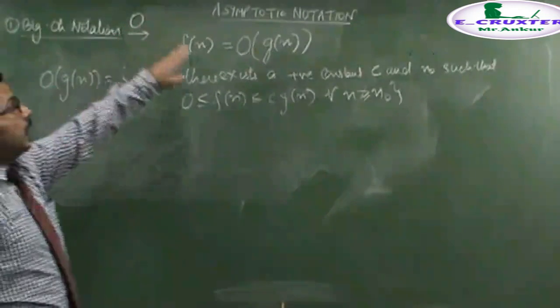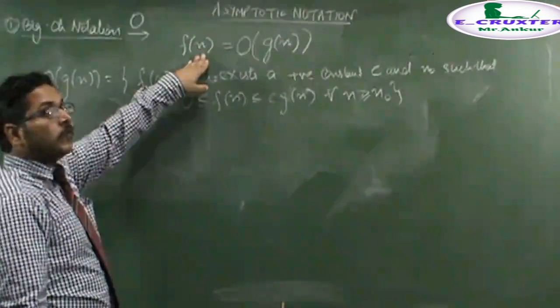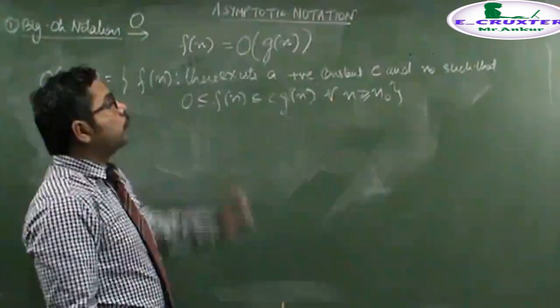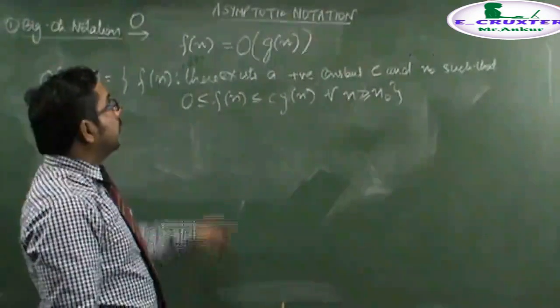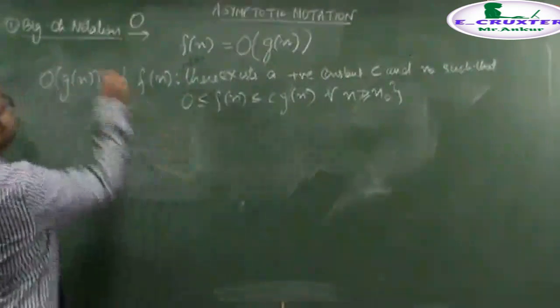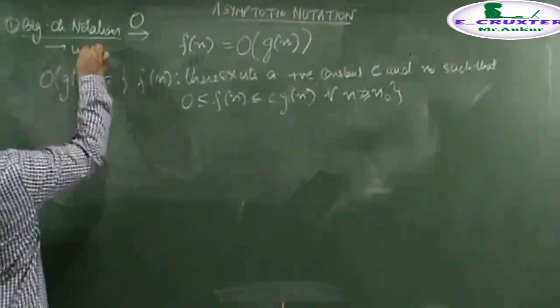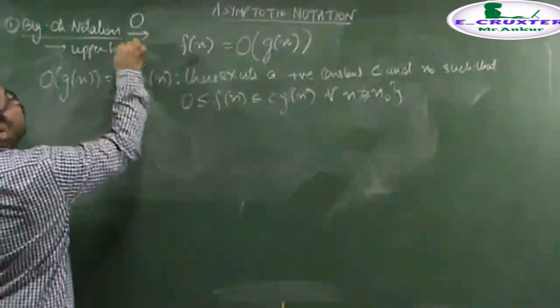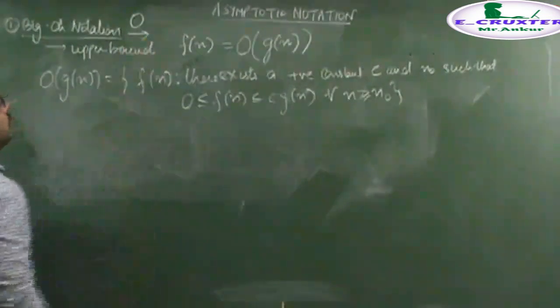We simply say that if f(n) is an asymptotically positive function and g(n) is also an asymptotically positive function, and g(n) is acting as an upper bound for f(n), that is, this notation is used to find the asymptotic upper bound on the function, then we denote it like that.